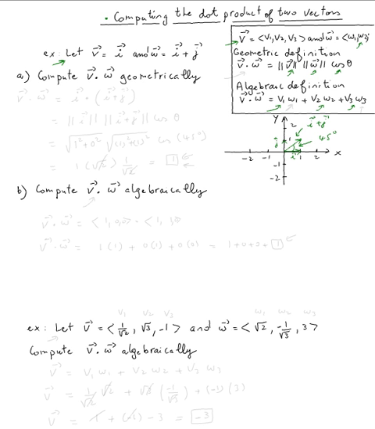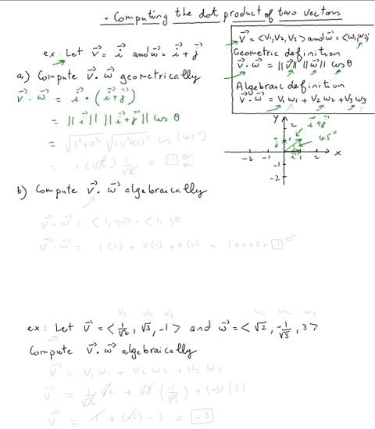Alright, so according to the geometric definition, v dot w will be equal to i dot i plus j, which is the norm of i times the norm of i plus j times cosine of the angle between them.